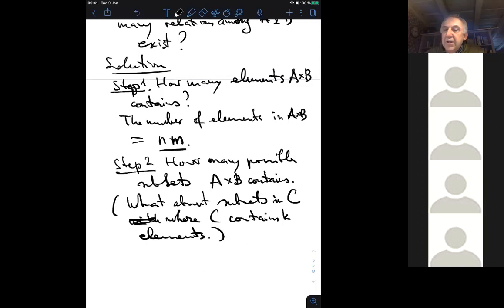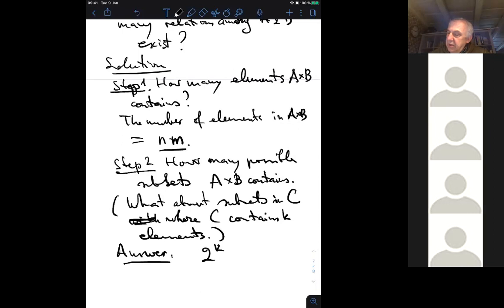And if we answer that, then we'll answer in this special case what we need to know about A cross B. Okay, the answer here is 2 power K. So there exist 2 power K subsets in C, which contains K elements.